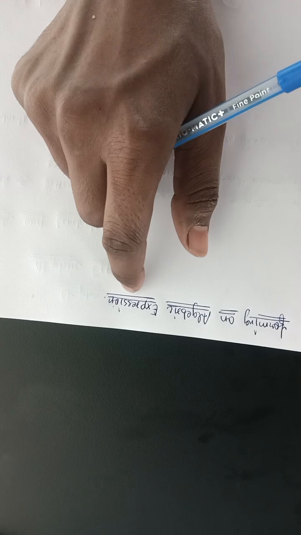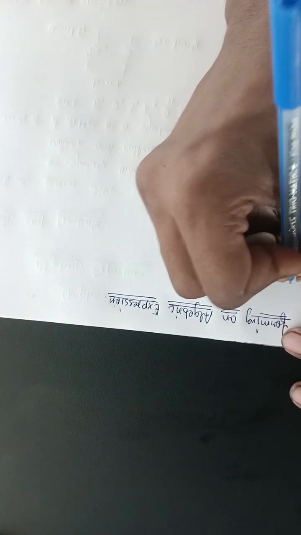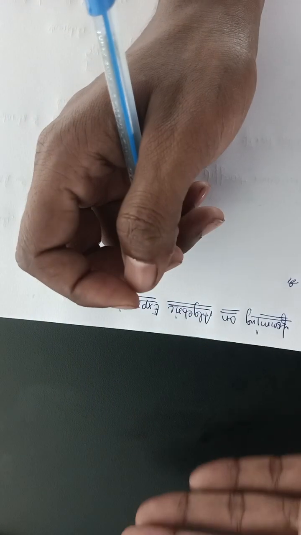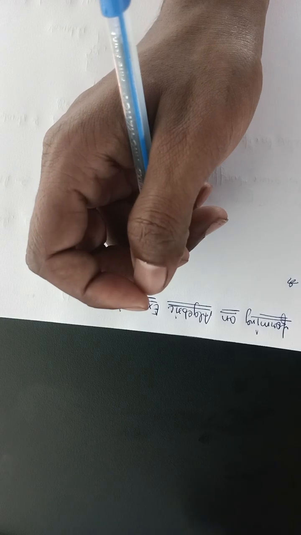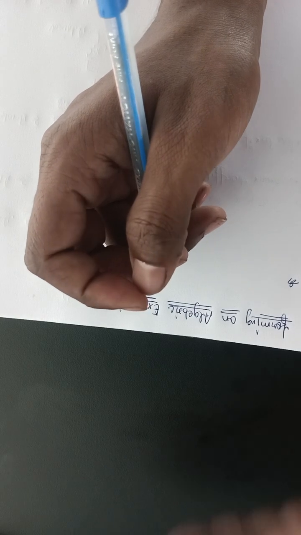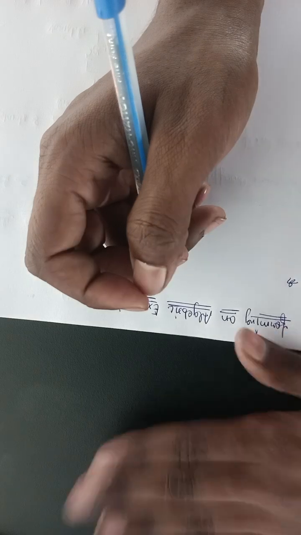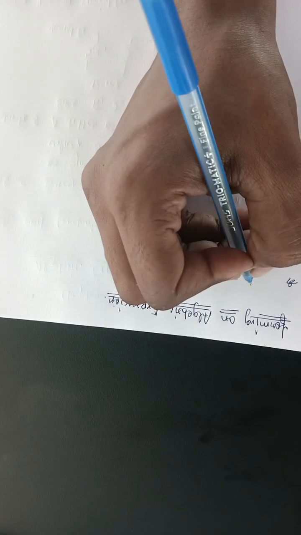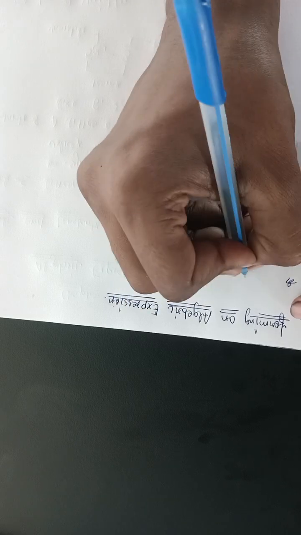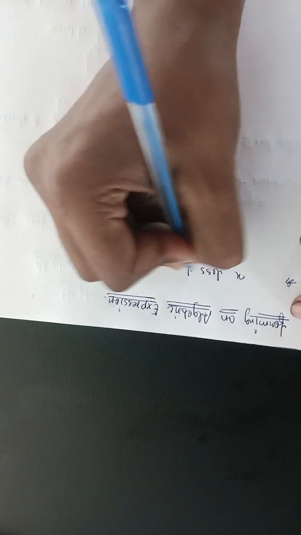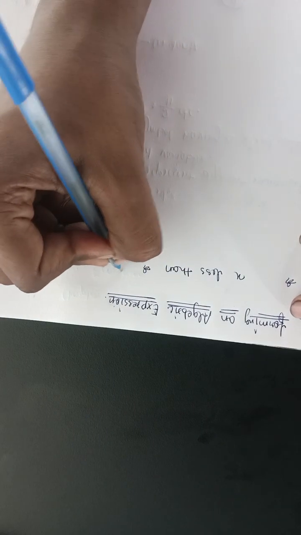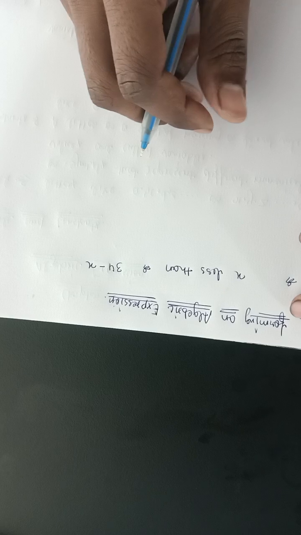Suppose I'm telling you a mathematical situation. Suppose it is saying that the sum of two apples is 34, and the price of an apple we don't know. So what we will do, the price of one apple we will put as x. So here, if we write x less than 34, this can basically be written as 34 minus x.